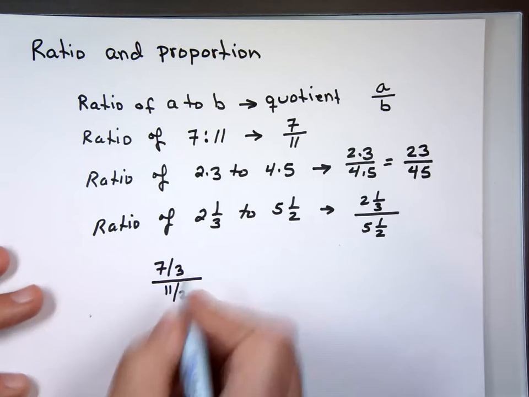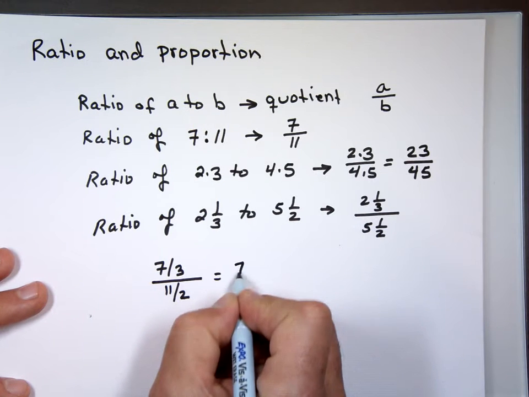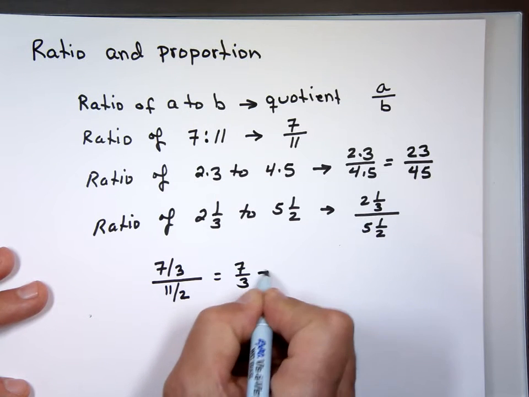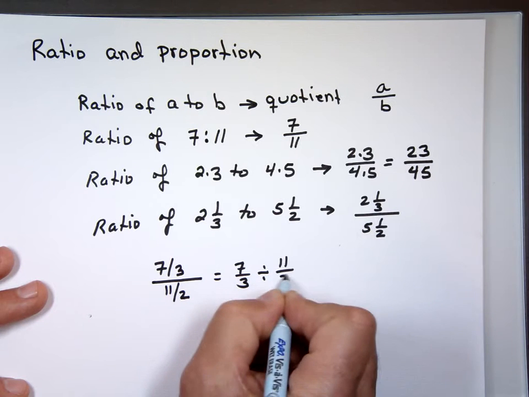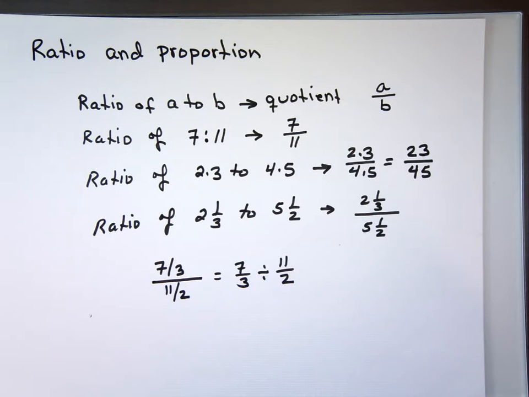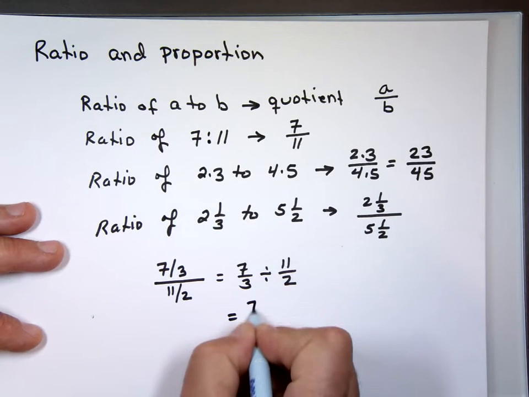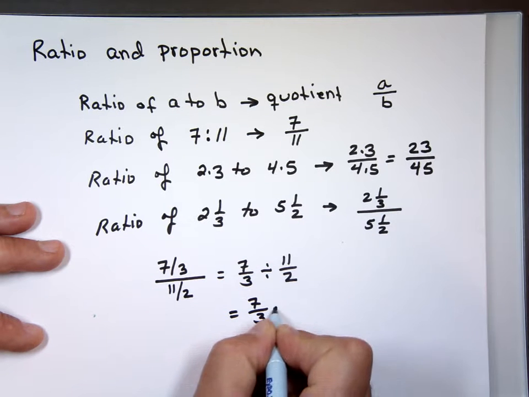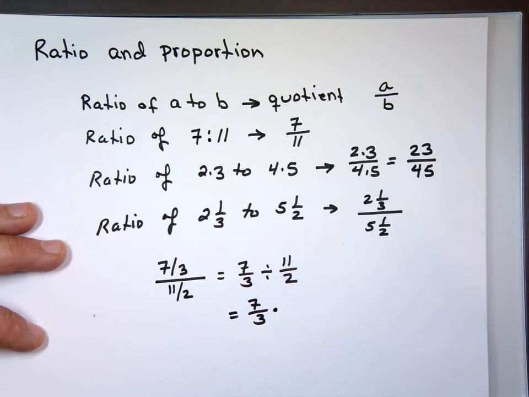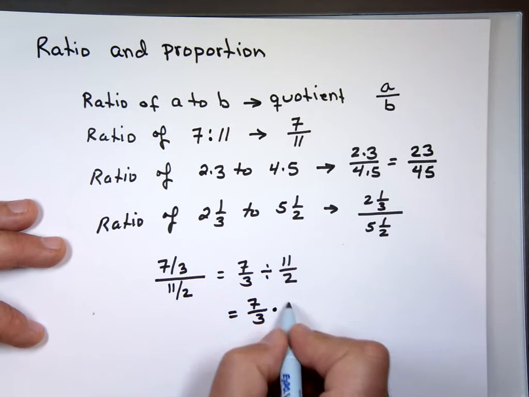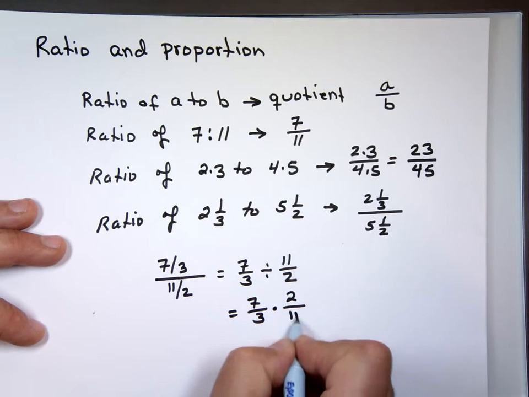Well, if you look at that, it reads what? 7 over 3 divided by 11 over 2. That's what it says. Well, we know we can change division to multiplication if we do what? Multiply by the reciprocal, which is what? 2 over 11.